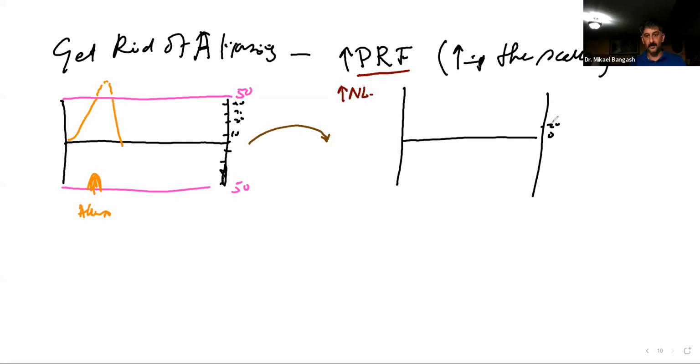So it goes 20, 40, 60, and our spectrum now ends at 80, and here 80.